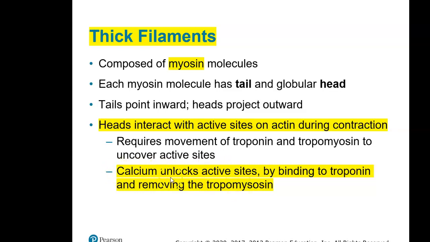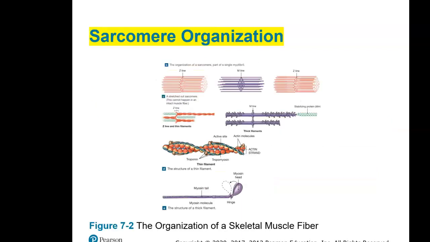So this is where calcium comes in. Calcium ions unlock those active sites by binding to troponin, and that allows the tropomyosin to move out of the way of the active sites.